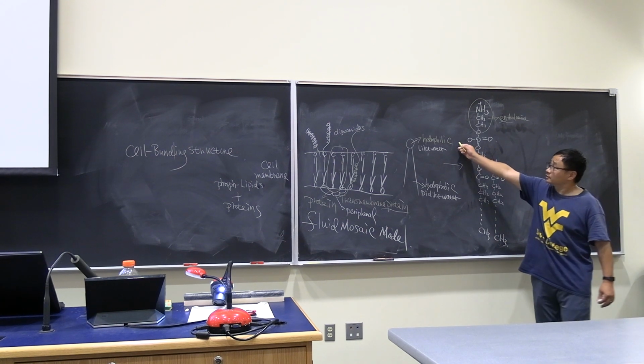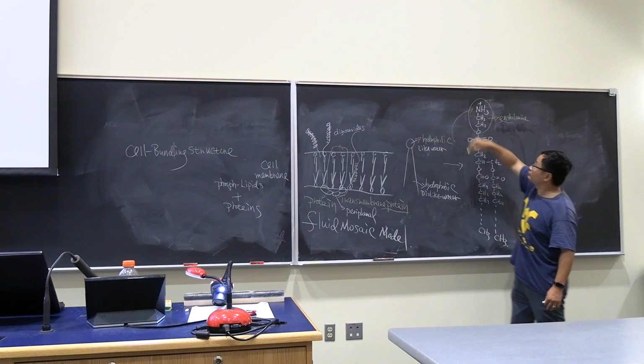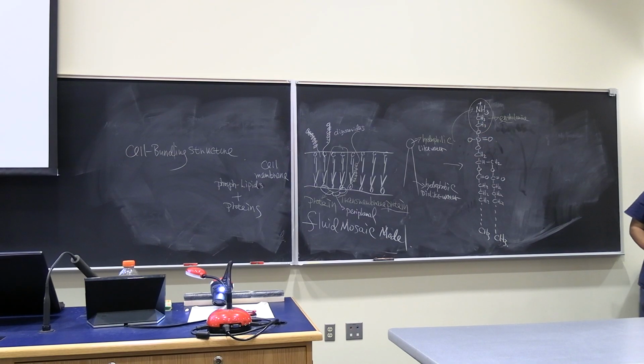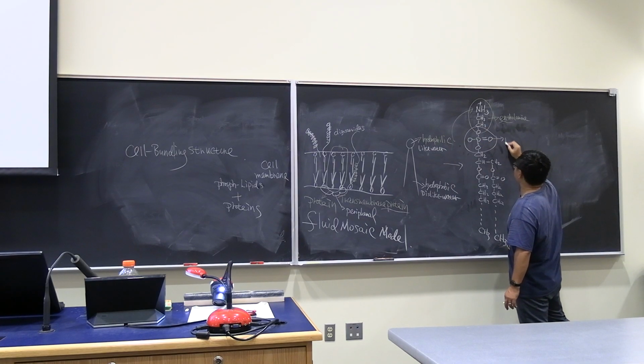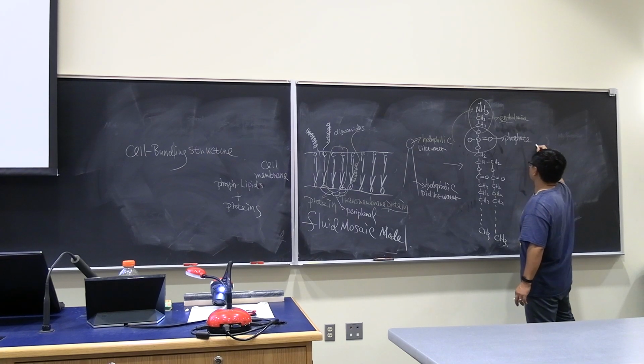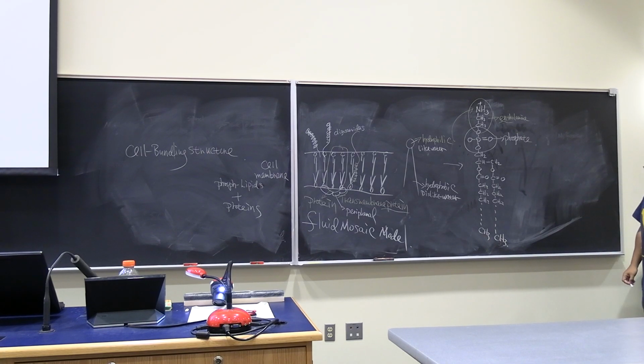So the head is hydrophilic. So you remember that in the head, there's something like alcohol, or alcohol modified products called ethanolamine. Ethanolamine. So you will never forget about it. This guy, you know, phosphate. We talked about it already.